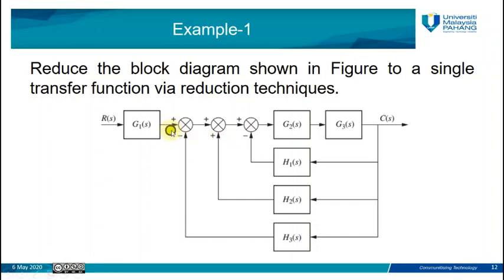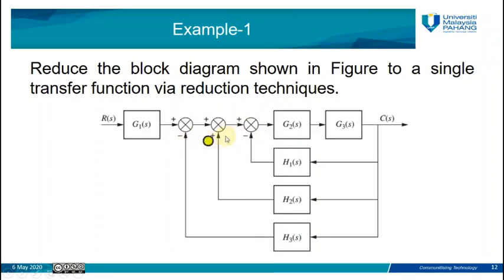We have one output at this point. When combining these summing junctions, we need to consider the sign of each input. This one is negative, this one is positive. If it's negative, that means negative feedback. If it's positive, it's positive feedback.